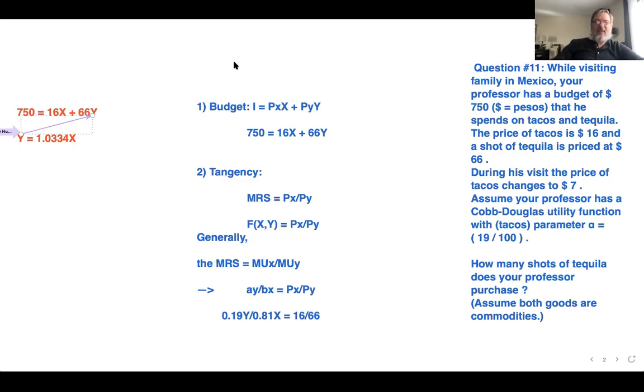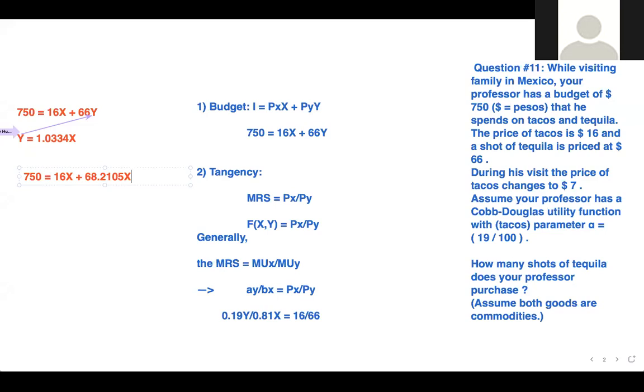So my next step would be 16x plus 68.2105x. I think I just got a rounding error right there, because I got 68.2044. That seems pretty close. So I'm going to do that plus 16, and obviously I get 84.21, right?